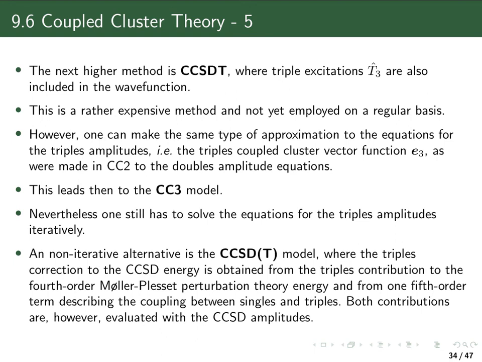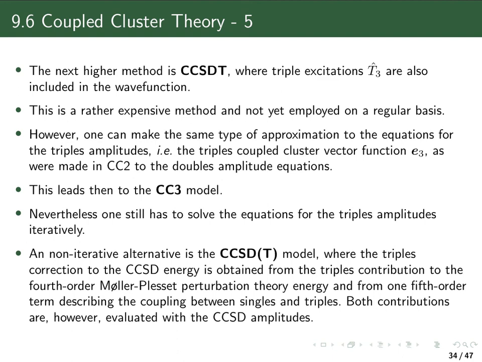But for the triples amplitudes, one does not solve iteratively coupled cluster equations, but one uses the expression from Møller-Plesset perturbation theory. In fourth order, one has an expression, as we discussed in the chapter before, for the triples amplitudes from the second order wave function correction, and one uses this expression and then just uses the coupled cluster singles and doubles amplitudes in order to evaluate them.